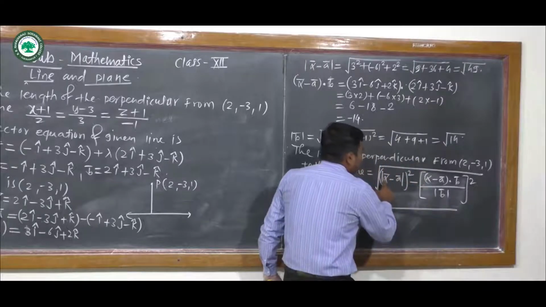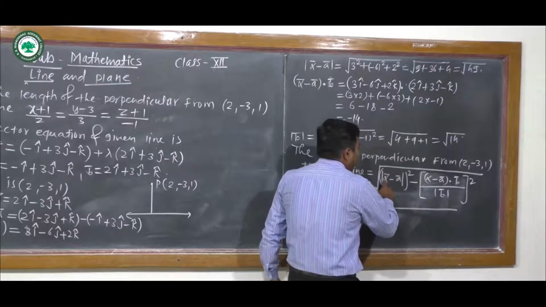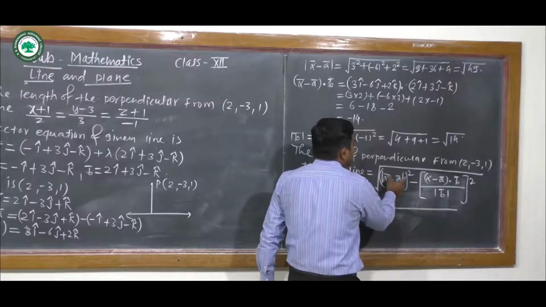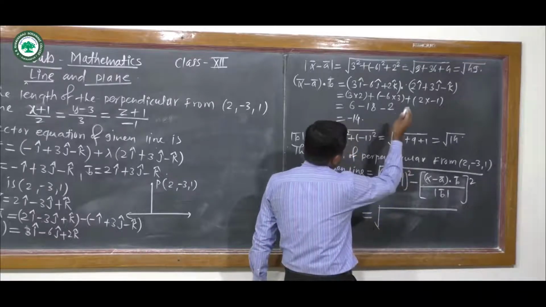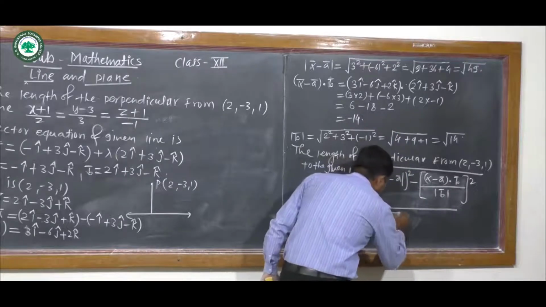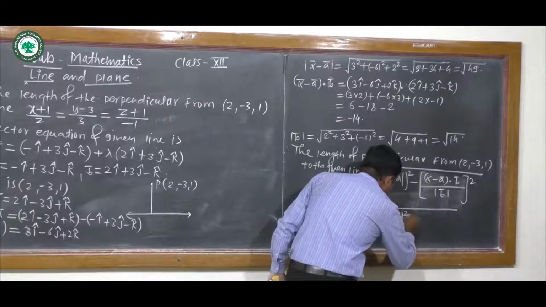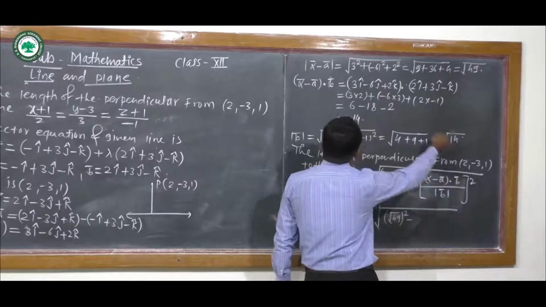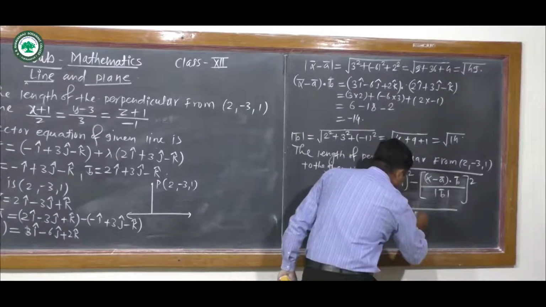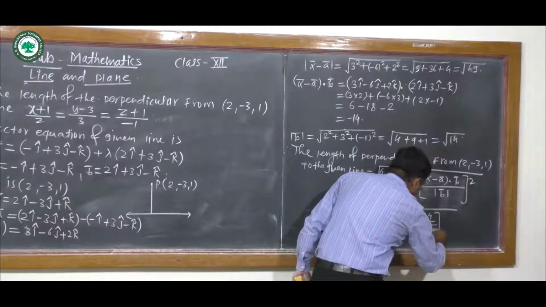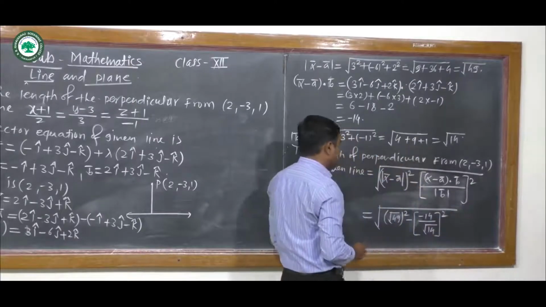So it is square of alpha bar minus A bar, magnitude of alpha bar minus A bar square, that is square root of 49, and square root of 49 its square minus alpha bar minus A bar dot B bar, that is minus 14, divided by square root of 14 bracket square.